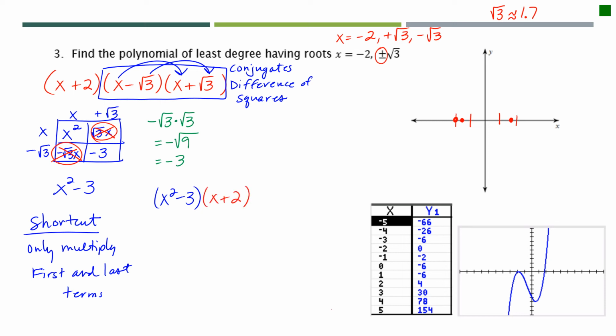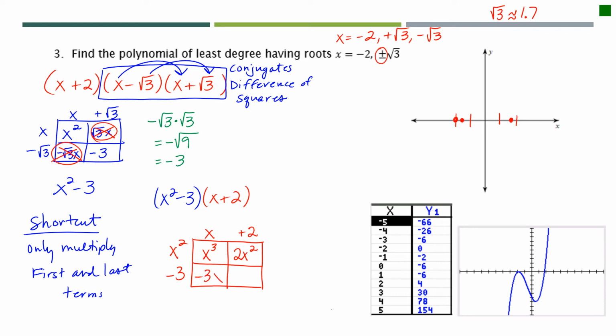So now we have to FOIL one more time. So I'm going to make a new box. This one only has to be a 2 by 2 because I have x squared minus 3 and x plus 2. So now I'm going to multiply. X squared times x is x cubed. X squared times 2 is 2x squared.